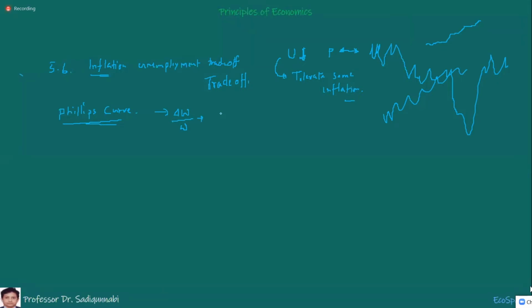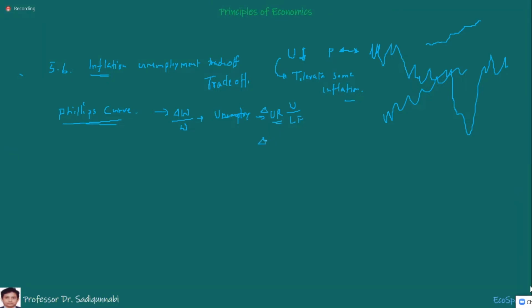And he collected data on unemployment. What is the unemployment rate? Unemployment rate is U divided by LF, right? So UR is the unemployment rate, and the percentage change in unemployment rate could be changed in this way.